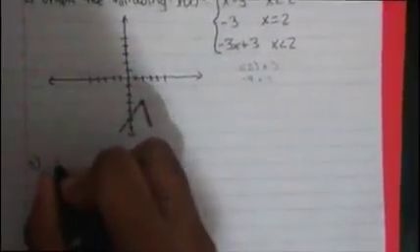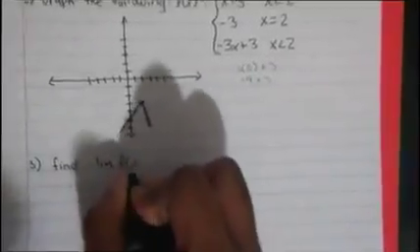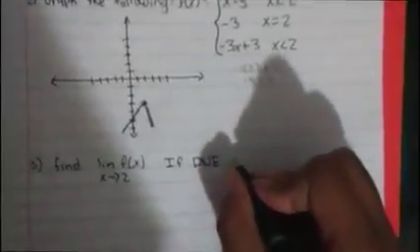So the next thing we have to do for 3 is to, using this graph, find the limit of f of x as x gets closer to 2, or say if the limit does not exist and explain why.